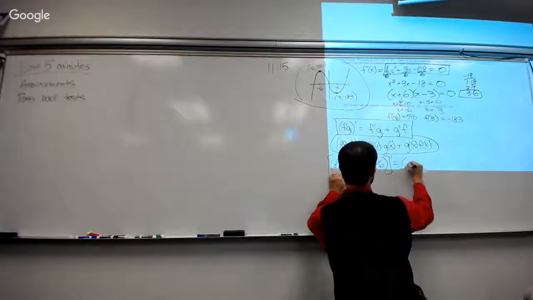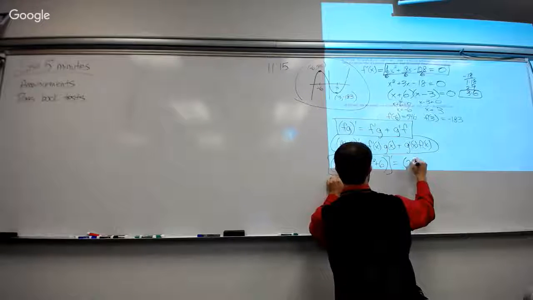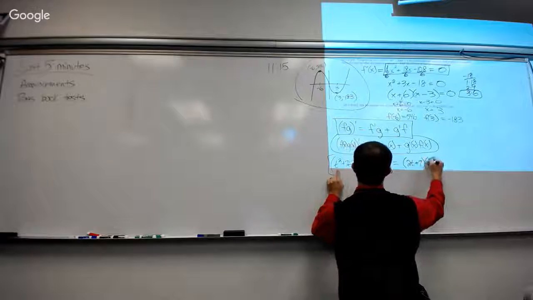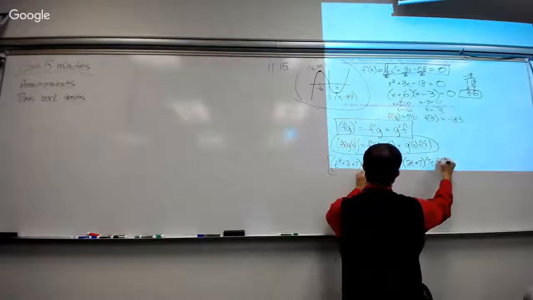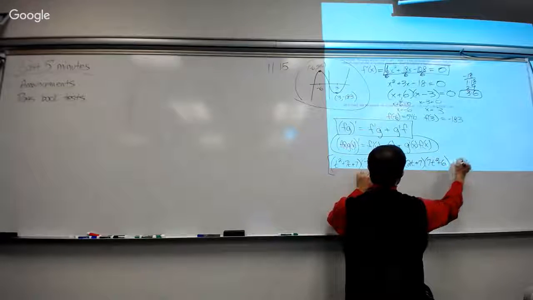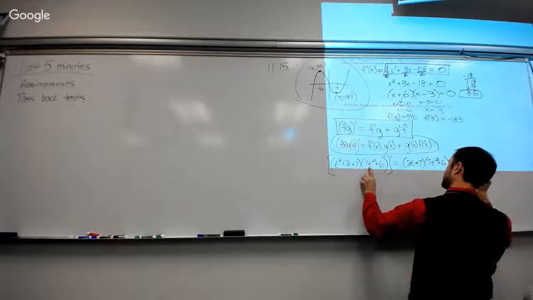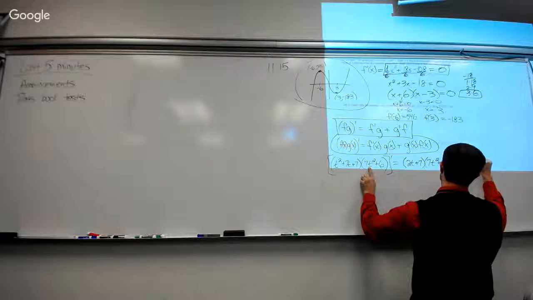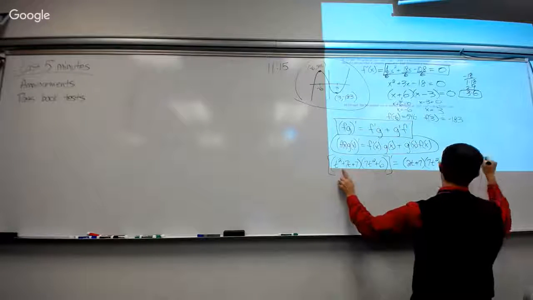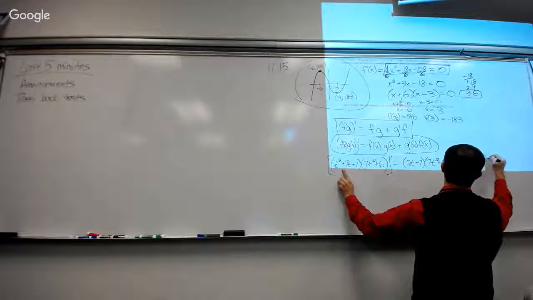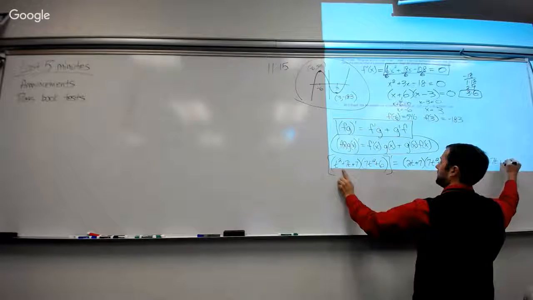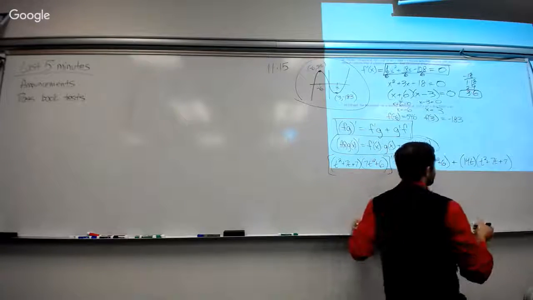The derivative of the first, which is what? 2t plus 7, times the second, which is 7t squared plus 6, plus the derivative of the second, which is just 14t, times the first, which is t squared plus 7t plus 7.